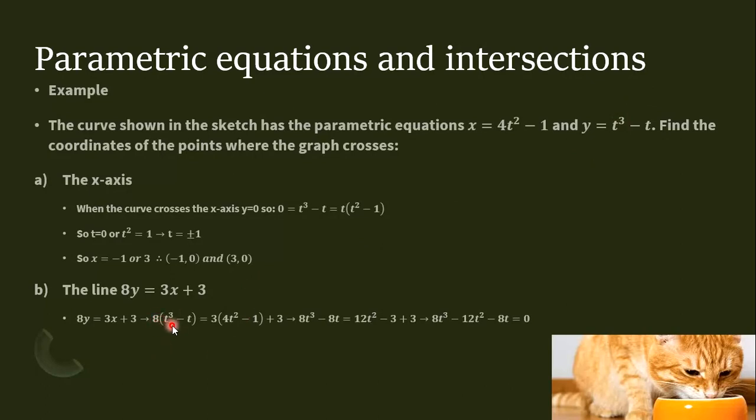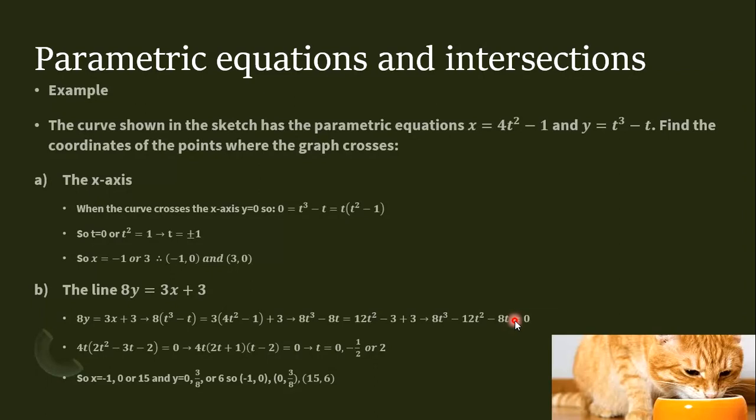So 8 lots of t cubed minus t is equal to 3 lots of 4t squared minus 1, plus 3. 8t cubed minus 8t is equal to 12t squared minus 3 plus 3. So 8t cubed minus 12t squared minus 8t is 0. Then factorise it and solve, and you get t equals 0, minus a half, or 2.